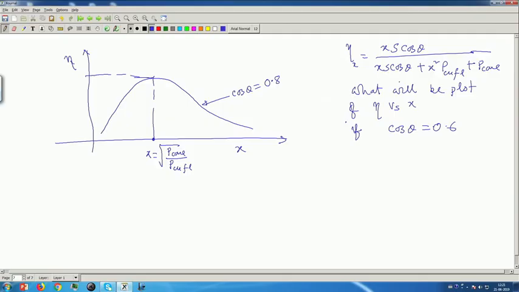I can do that. Once again repeat the exercise, keep cos theta constant. Where will this curve be? Will it be above it? Will it be below it? And things like that.